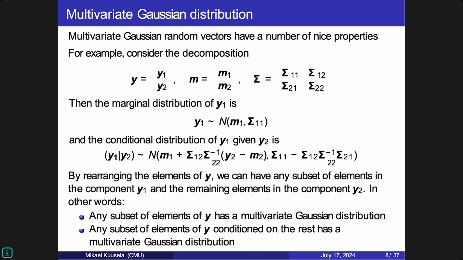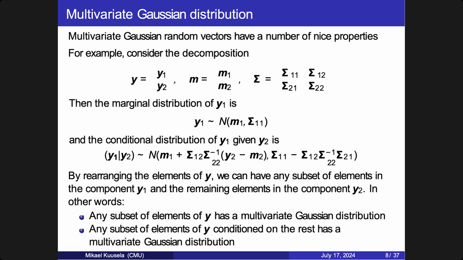It turns out that it is also a multivariate Gaussian, and in fact, it's the one you might have guessed if you have not seen this before. It's a multivariate Gaussian whose mean is the corresponding components of the original mean vector, and whose covariance matrix is the corresponding block of the original covariance matrix. So that's nice. We even know the marginal distribution of any subset of a big Gaussian random vector.